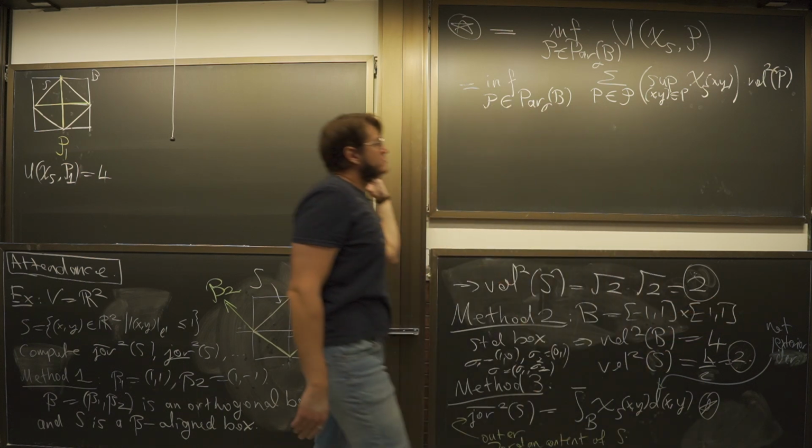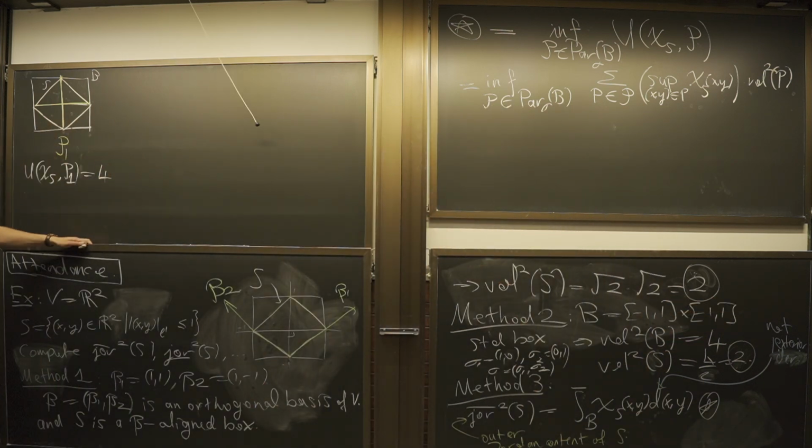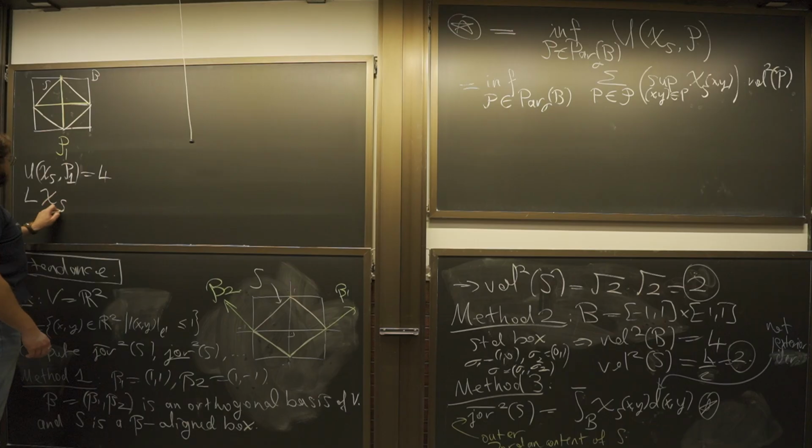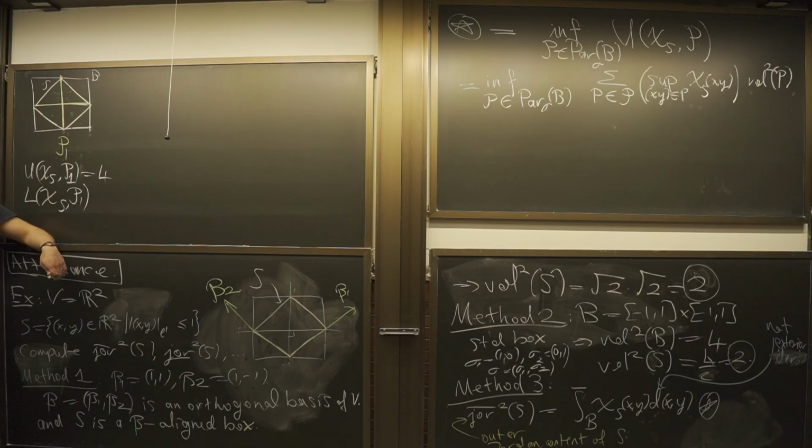This is a rather crude partition. It's not really distinguishing this. It's saying, okay, I'm seeing something, I'm going to give it 1. But of course, if I were to look at the lower Darboux sum, what is this now? 0, right? Why is that?